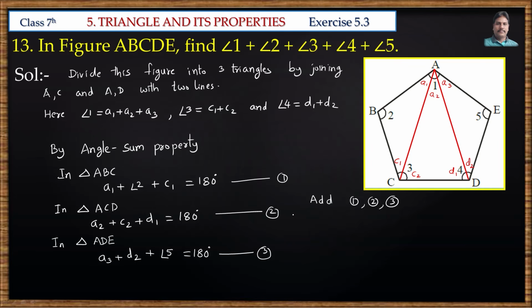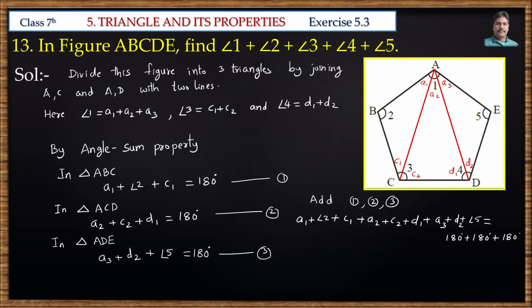We will get first equation LHS is A1 plus angle 2 plus C1, plus second equation left hand side is A2 plus C2 plus D1, plus third equation LHS is A3 plus D2 plus angle 5, is equal to 180 plus 180 plus 180.